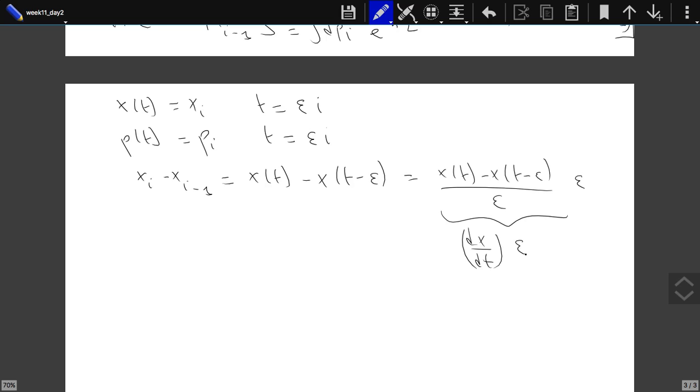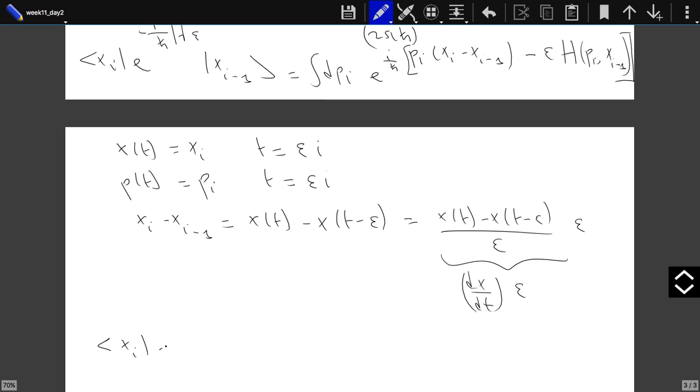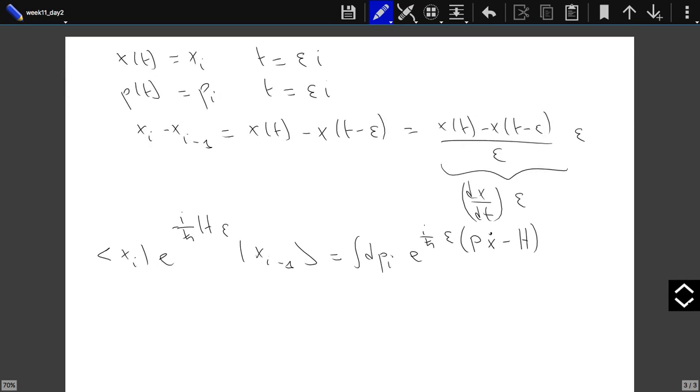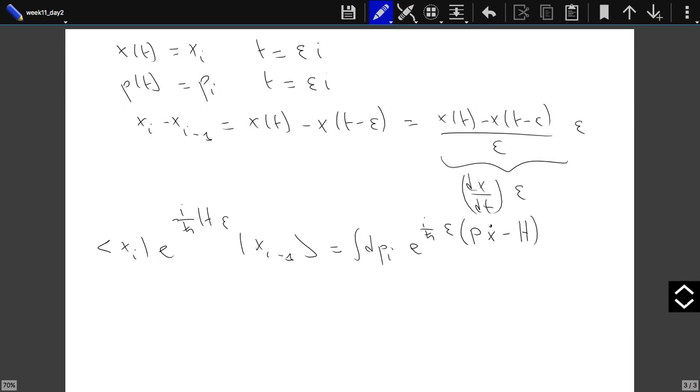So this matrix element is dpi times e to the power i over h bar times epsilon times p x dot minus H, at the time, let's call it ti.